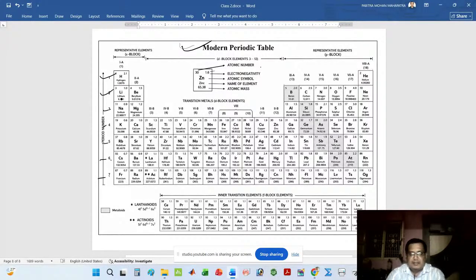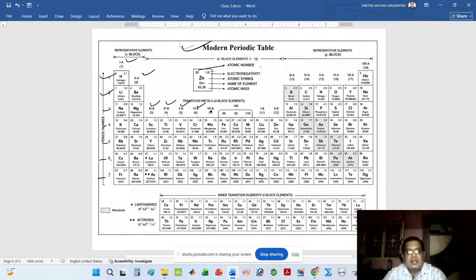Next, in the periodic table there are 18 columns, that is, 18 groups. The first column is said to be group IA. The second column is called IIA. The third column is called IIIB. Fourth IVB. Five VB. Six VIB.